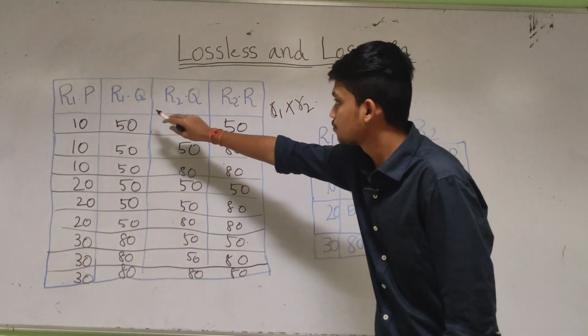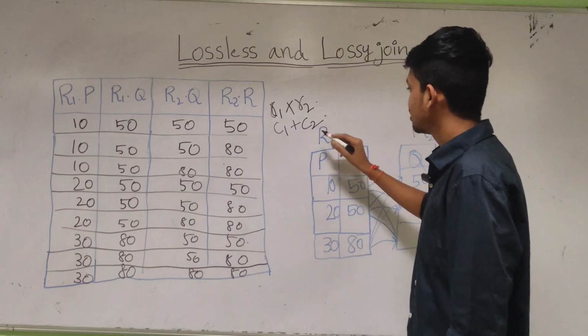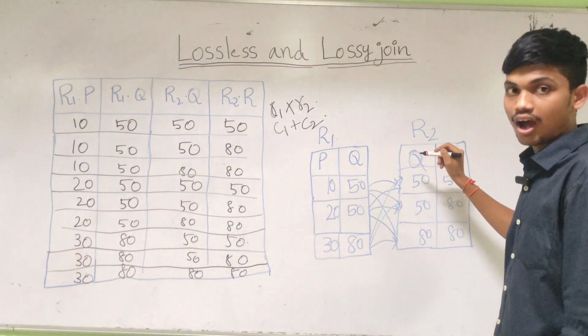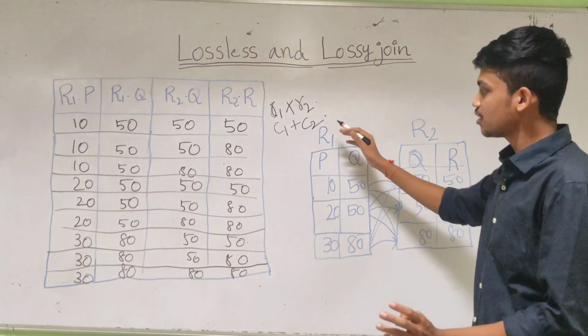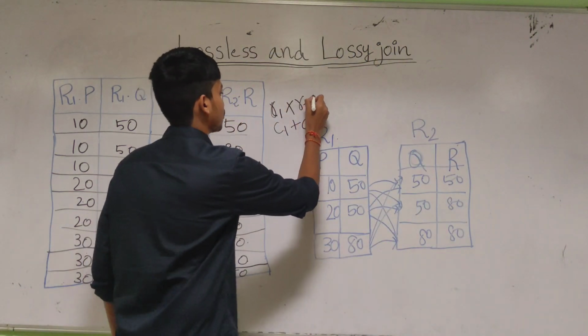And the number of columns will be C1 plus C2, where C1 is the number of columns of R1, C2 is the number of columns of R2, like that. This is a very important concept. When you note it down, I am writing it like this.